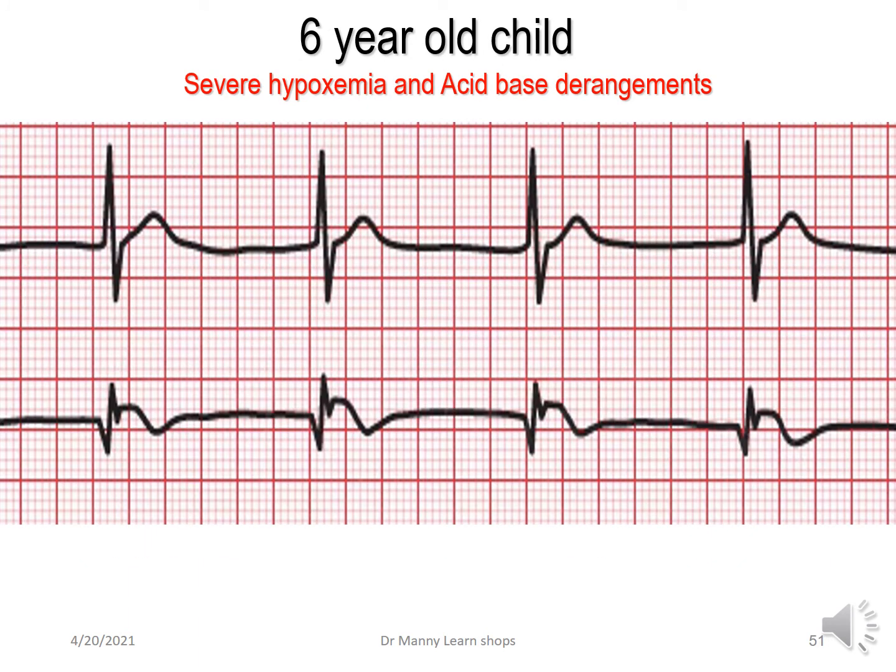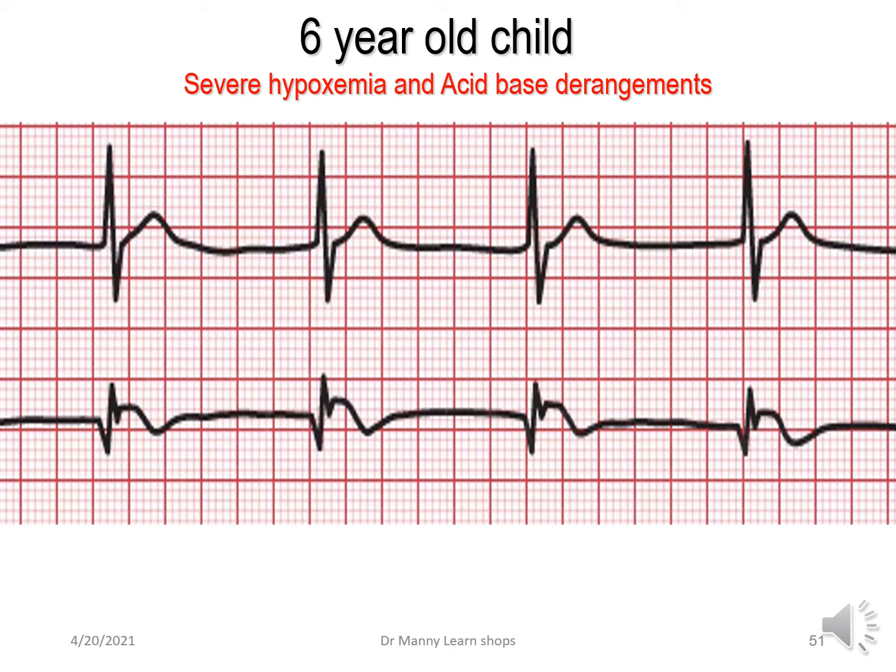Then you've got a 6-year-old child with severe hypoxemia and acid-base derangements, which means they're hypoxic, they're probably on oxygen, their pH is very, very abnormal, and this is the rhythm that they're in. I don't think we can see any P waves.